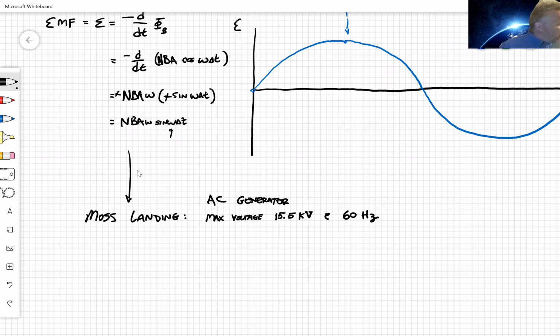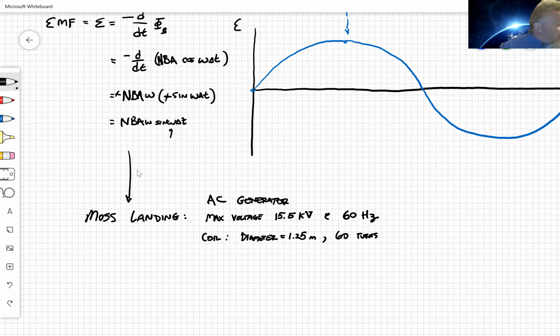Okay, so Moss Landing does that, and I looked up some info on its coils. So let's take one coil with a diameter, because we need the area, of 1.25 meters and 60 turns.